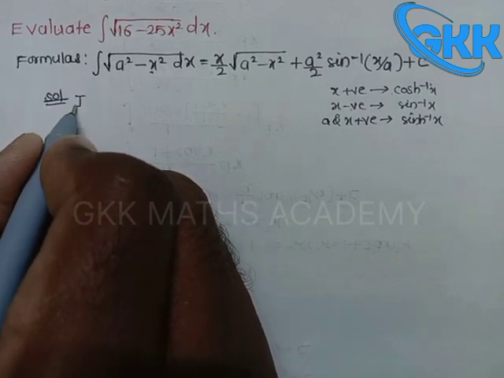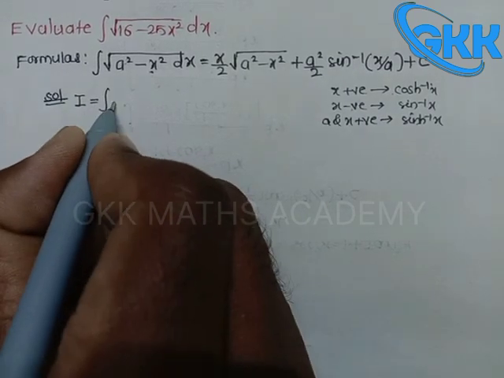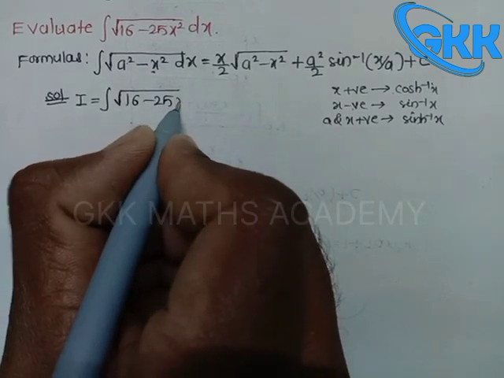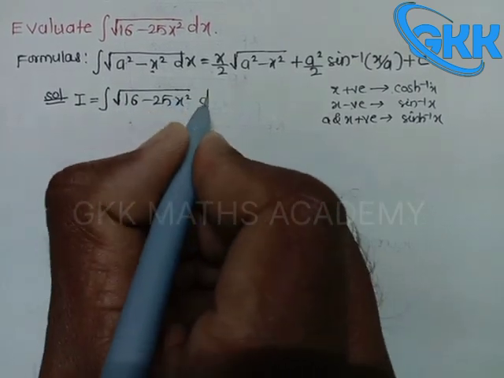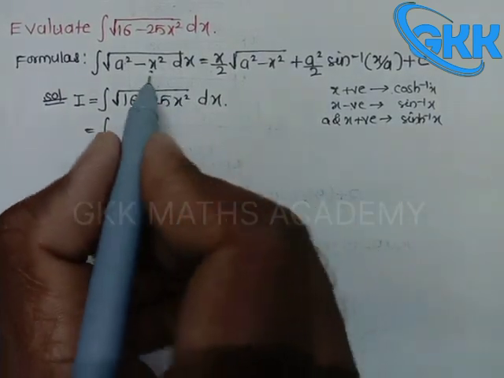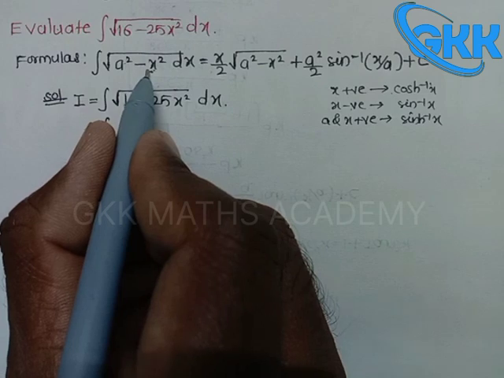Let I be the integral of the square root of 16 minus 25x square dx. In order to use the formula, the x square coefficient must be 1.